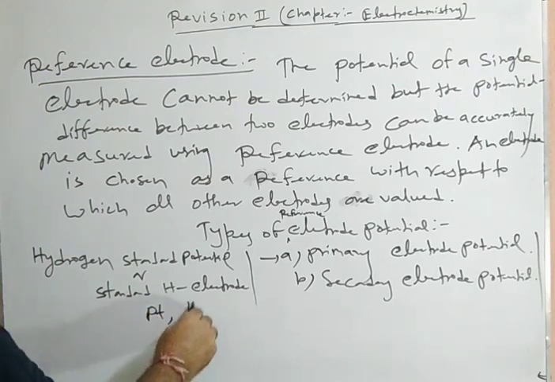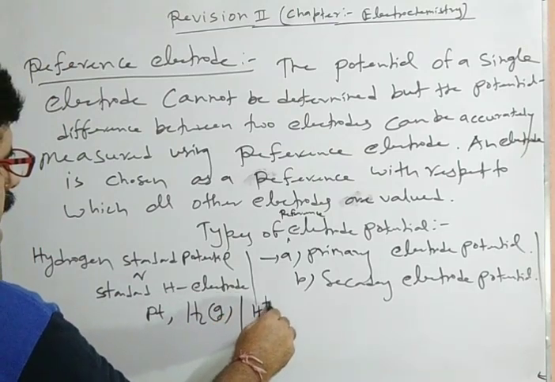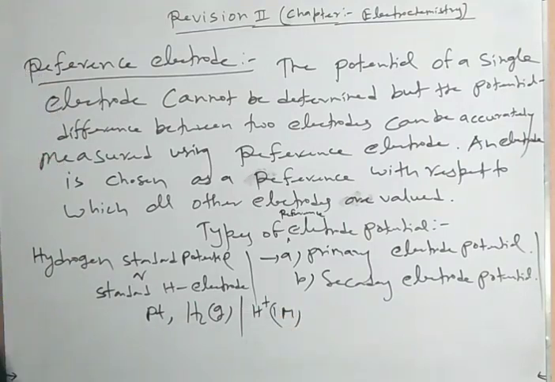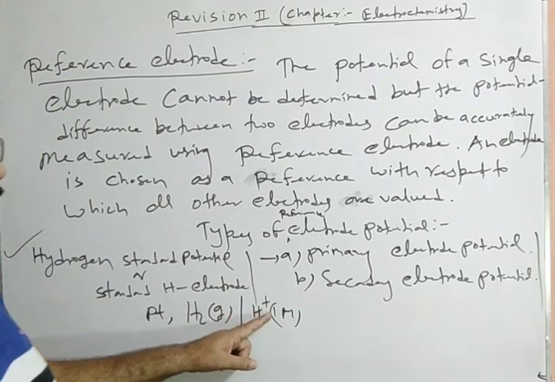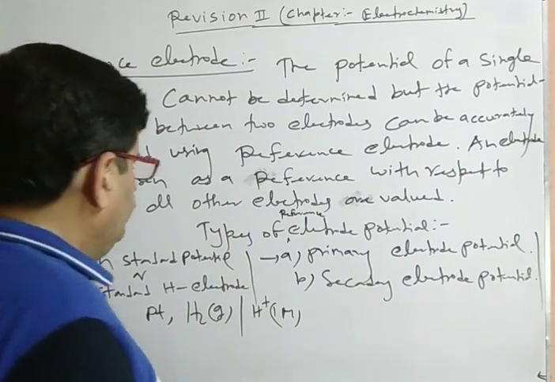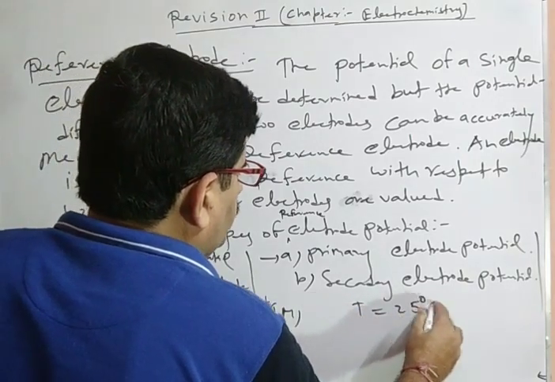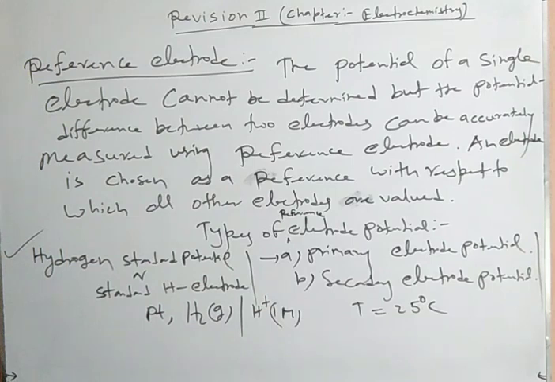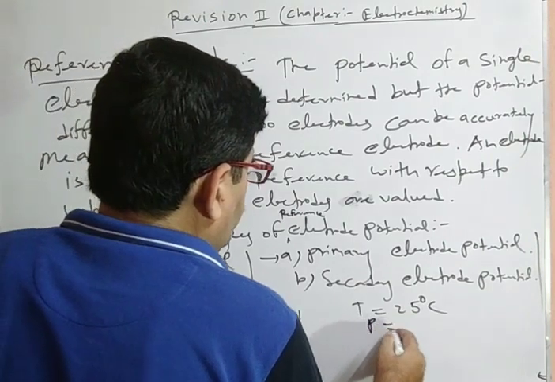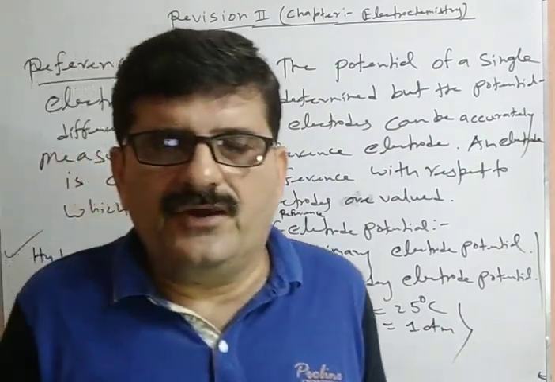Pt, H2 gas, H plus, 1 M. In this pattern of electrode potential, the concentration of hydrogen ion is considered to be 1 M, and temperature 25 degrees centigrade, that is room temperature. If pressure is given, P is equal to 1 atm, or you can say 760 mm mercury per mole.